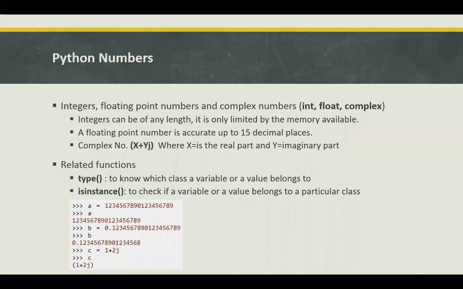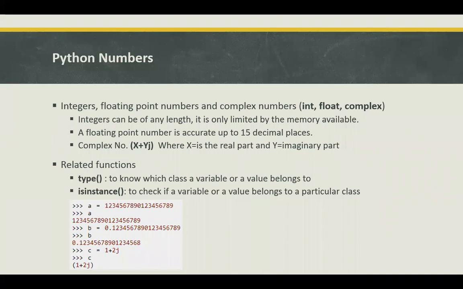Here you need not specify a long integer or an integer. Simply integer. Your interpreter will automatically consider it as an integer or float or complex. You need not explicitly write it in your program.